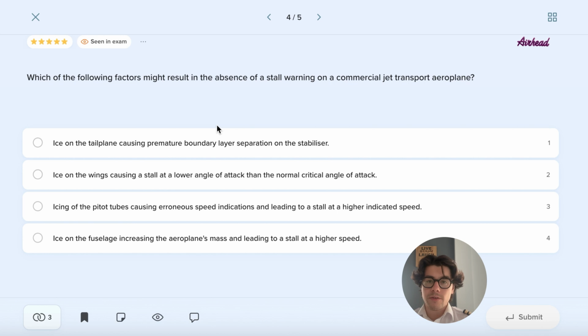So of course, the first thing that will happen long before the mass starts to impact us is that the wing will start to lose its lift properties. It will start to lose its aerodynamic properties, and this can cause a stall much earlier than we would think.